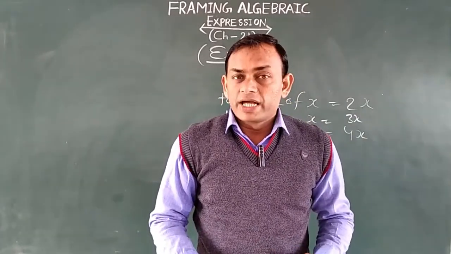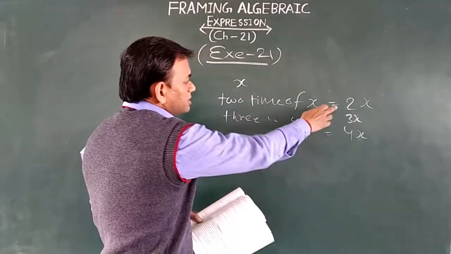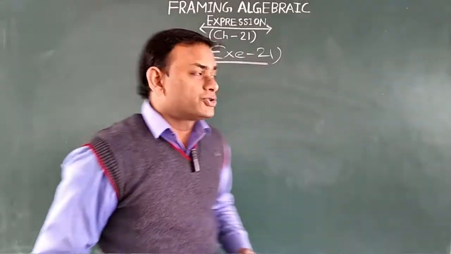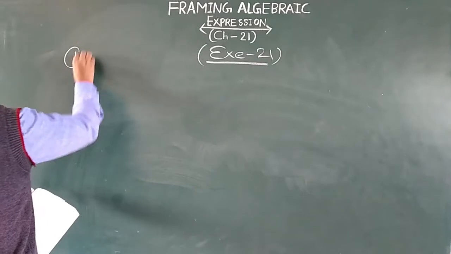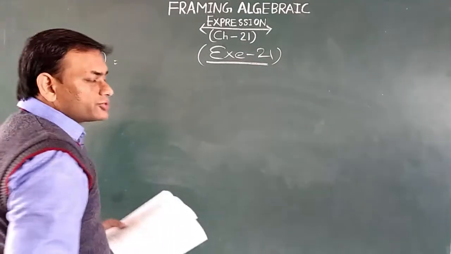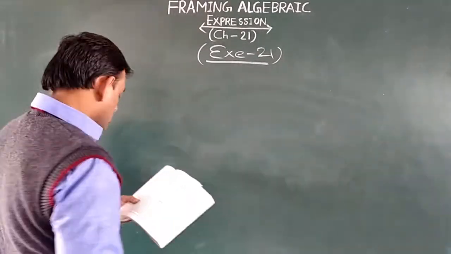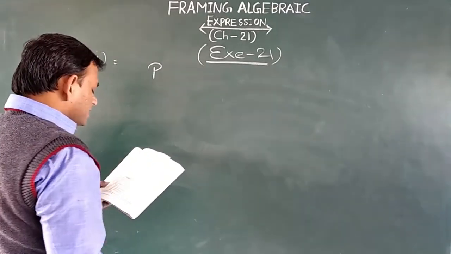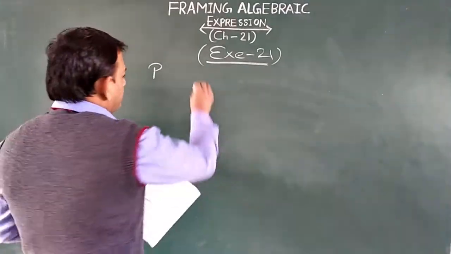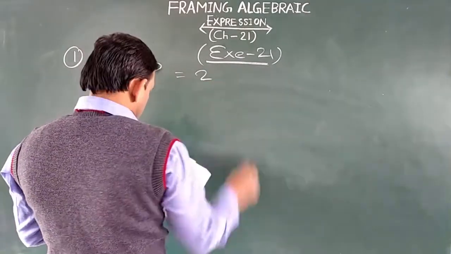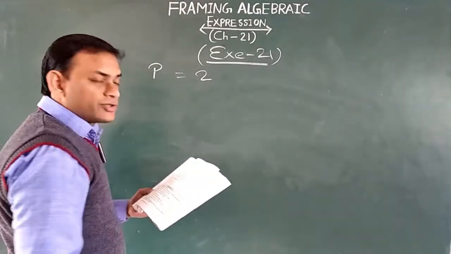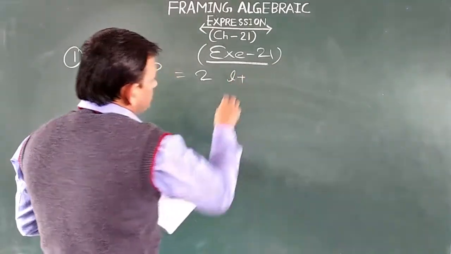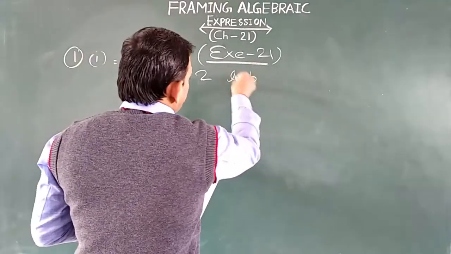So for 2 times you write 2x. Now look at the question in the book: the perimeter P of a rectangle is 2 times the sum of its length and breadth, where L is the length and B is the breadth.